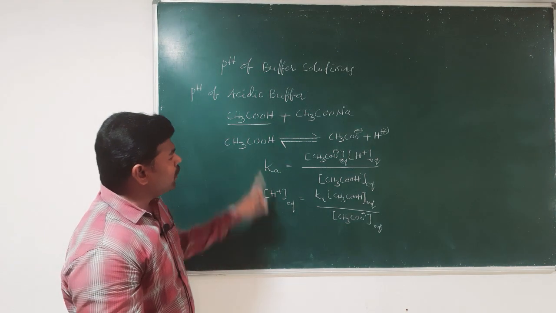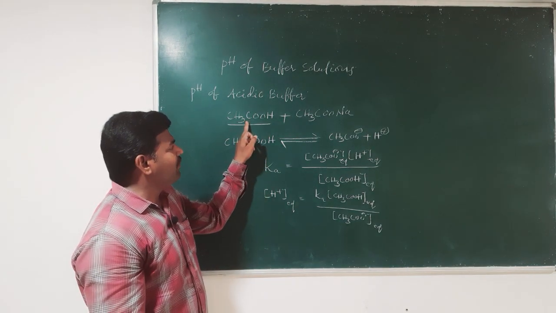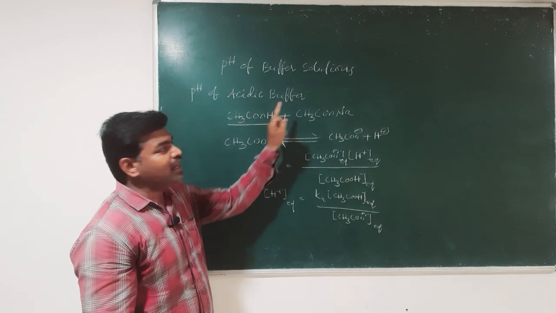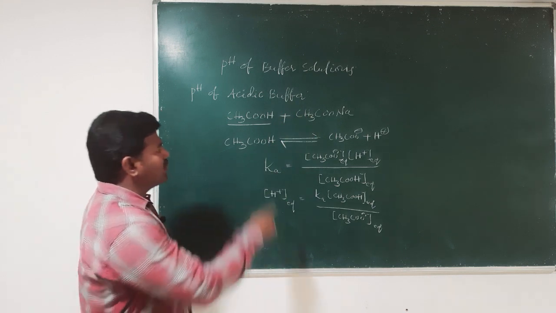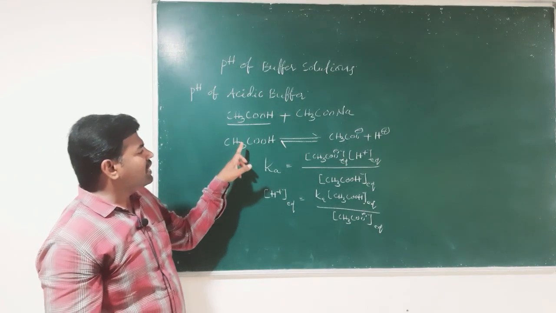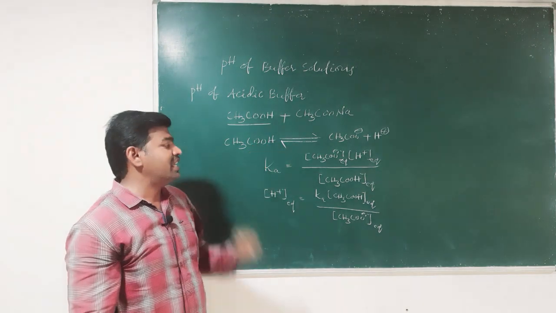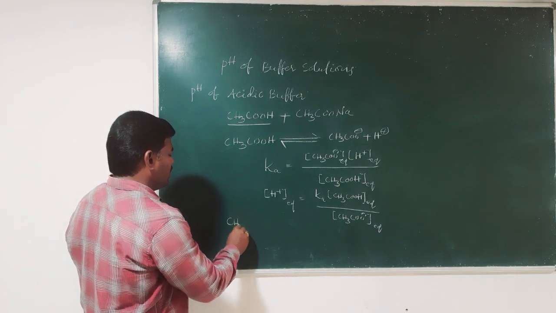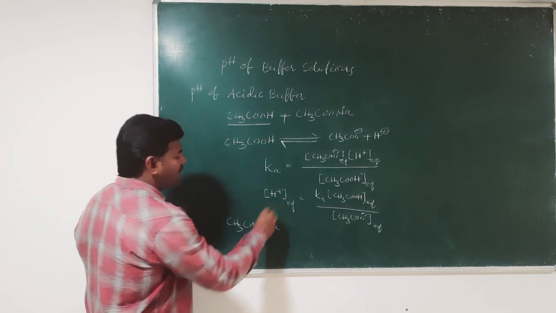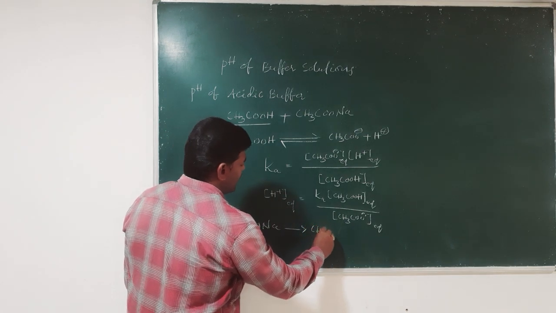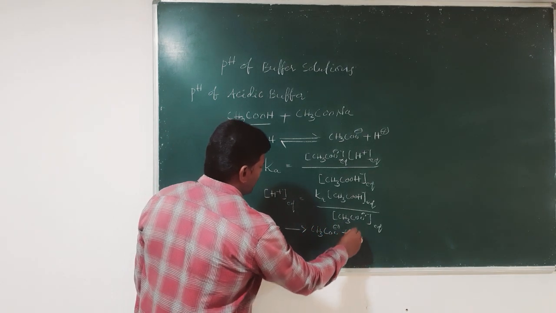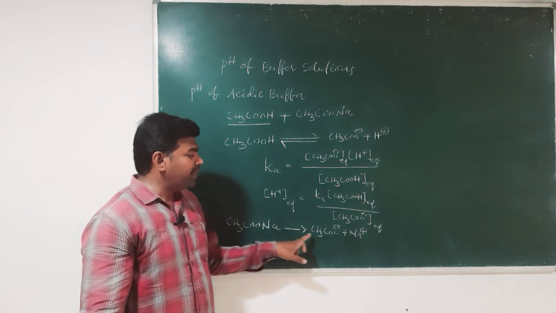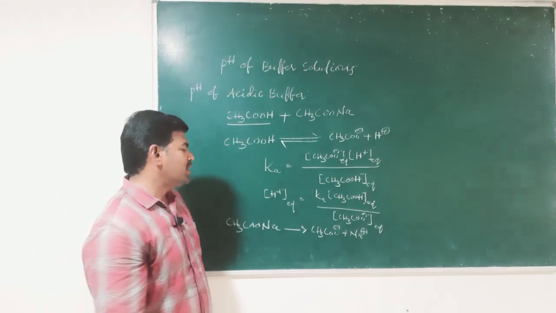I already told you that this buffer is a mixture. In this, acetic acid is there and sodium acetate is there. Acetic acid undergoes incomplete ionization, whereas sodium acetate undergoes complete ionization, giving CH3COO minus plus Na plus.